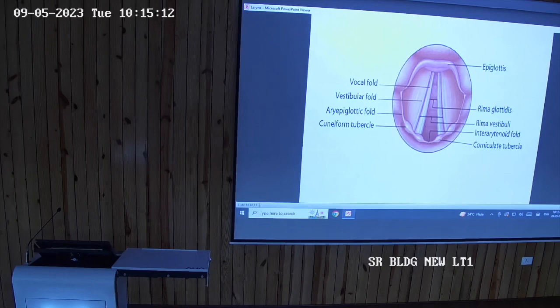So being an ENT specialist, you may face this commonly: the patient comes, sir, I have wax in my ear.